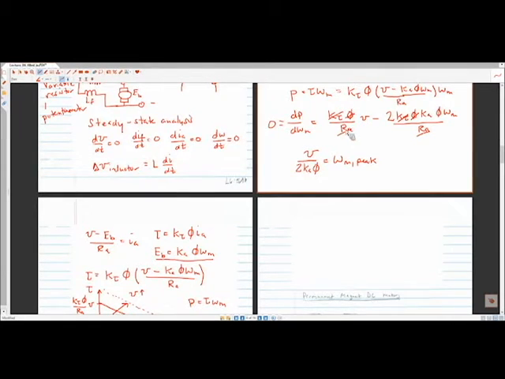The second term is k tau phi ka phi, omega m squared over Ra, so I have k tau phi squared ka and then omega m squared. Taking the derivative with respect to omega m gives me 2 omega m over Ra. I think it's correct, I have to double check it. Yes, one of them canceled.